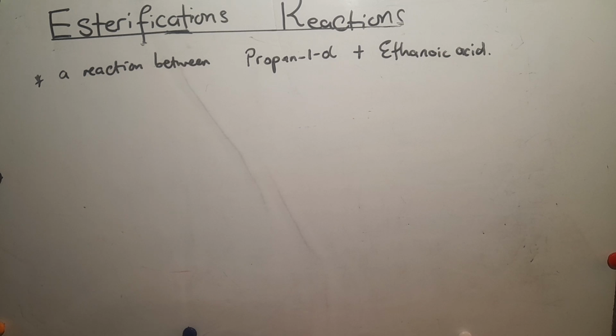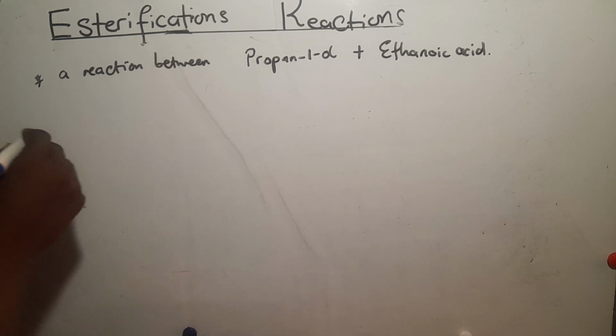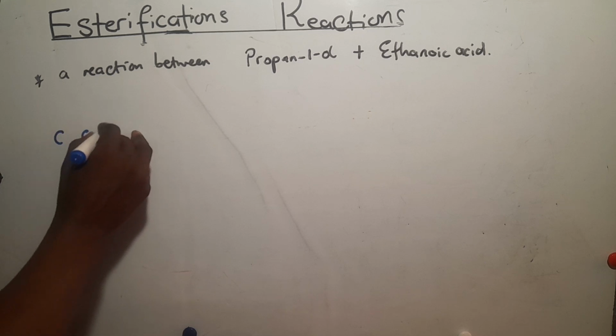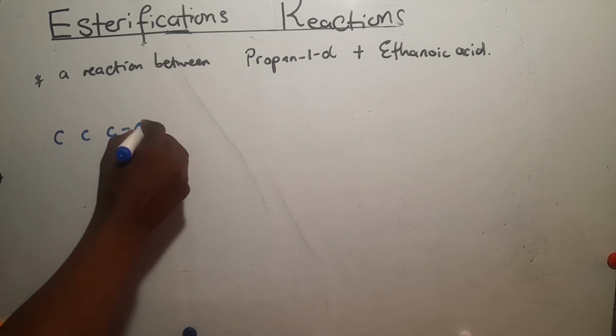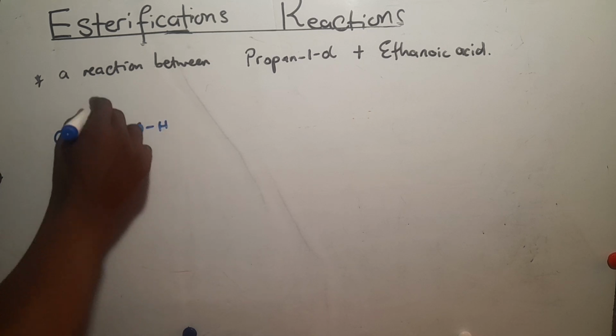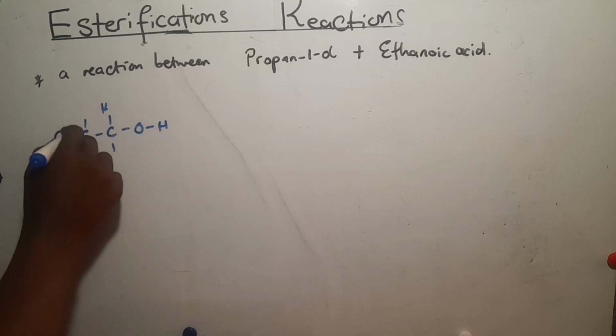So now they give us a reaction between propane 1-ol and ethanoic acid. So just like the previous one, if you want the structural formula for the reaction, this is propane 1-ol, right?